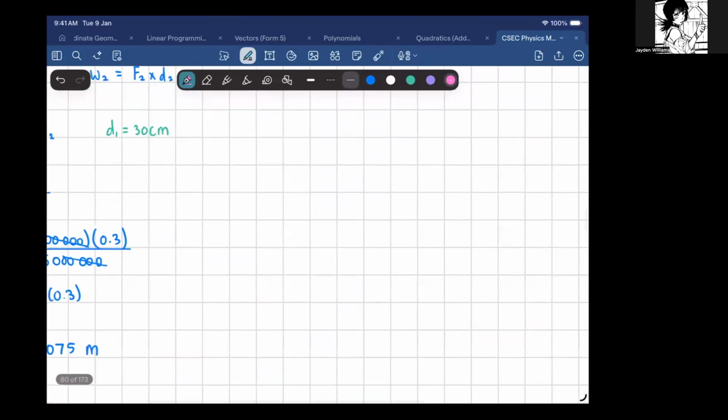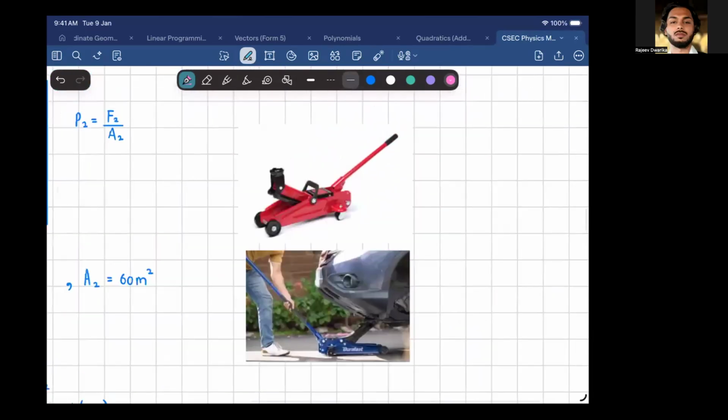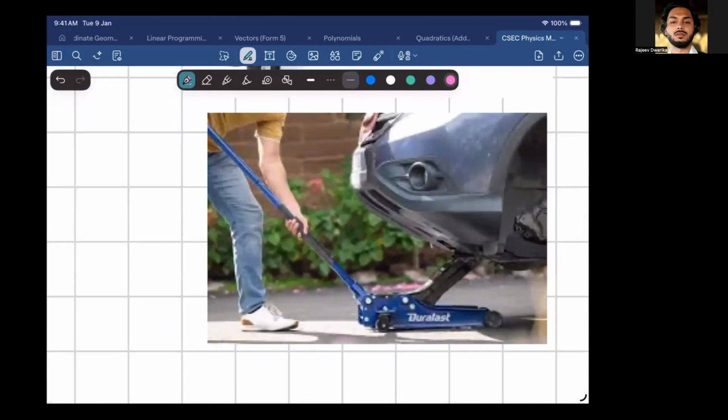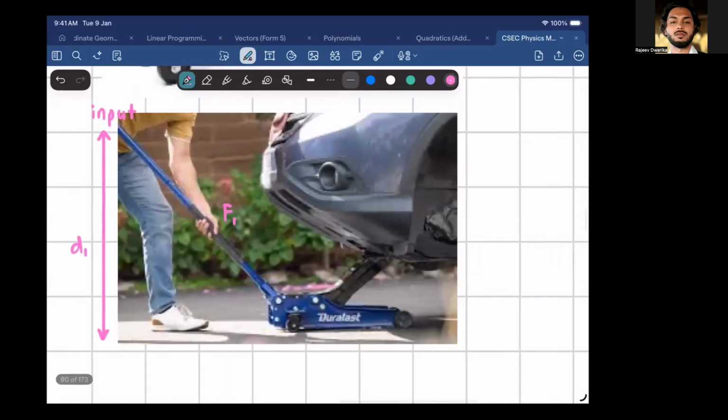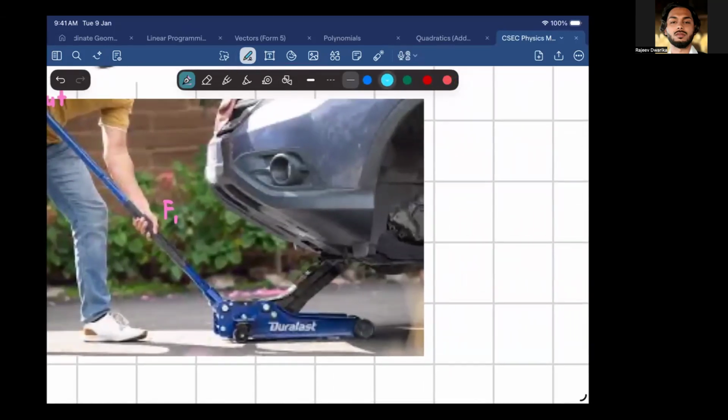Yeah. Okay, good. And if we look at this example over here, we could see that this would be D1, right? And I would call this the input side. This would be the input side. And he's applying a force. And over here is the output side.